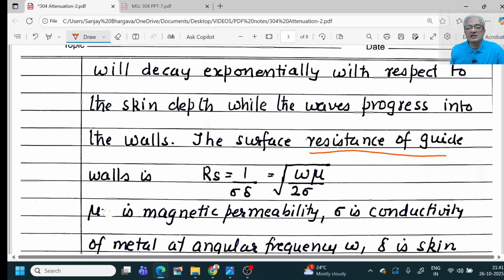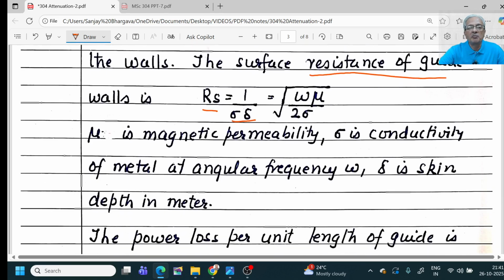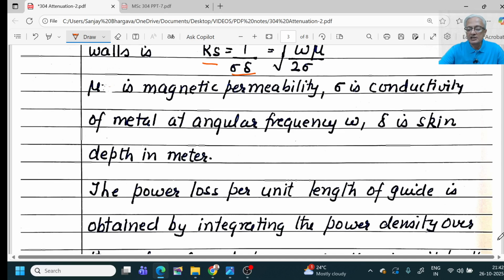The surface resistance of the guide walls Rs is equal to 1 upon sigma delta, which is equal to the square root of omega mu upon 2 sigma. What are the different letters indicating here? Mu represents magnetic permeability. Sigma represents the conductivity of the metal at angular frequency omega, where delta is the skin depth measured in meters.